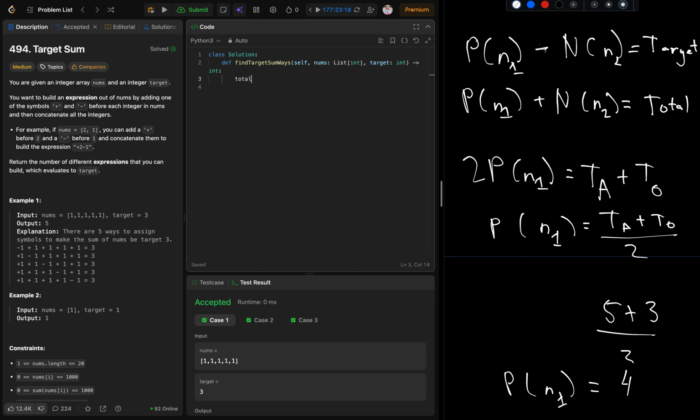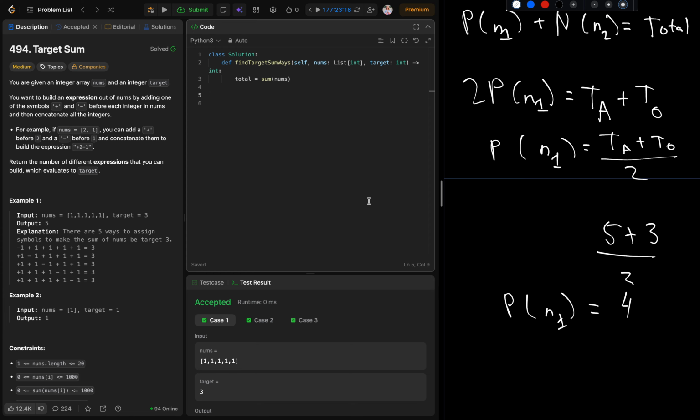Yeah, so the total is going to be the sum of the nums, right? And yeah, I know I'm missing something. So we'll just say new target equals target plus total divided by 2.